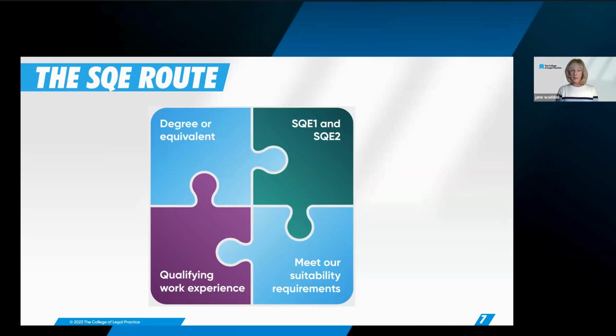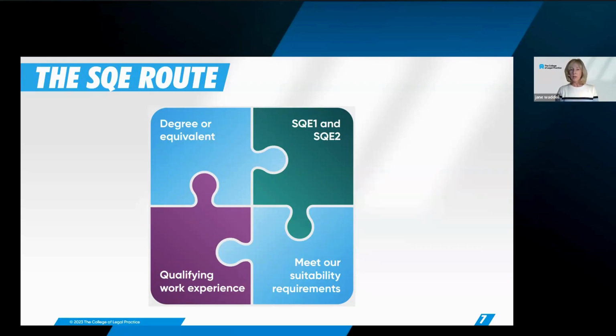That's where it's fundamentally different. You could also have qualifying work experience interspersed amongst your studies. And I know from the questions some of you have already posted that some of you are already there, that you've perhaps been paralegaling. So you could do some qualifying work experience before, some while you're studying, or you could save it all up and do it at the end. It's just much, much more flexible.